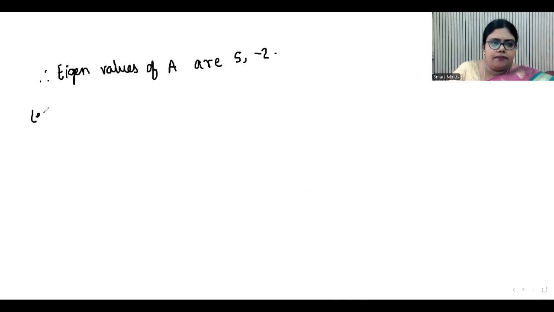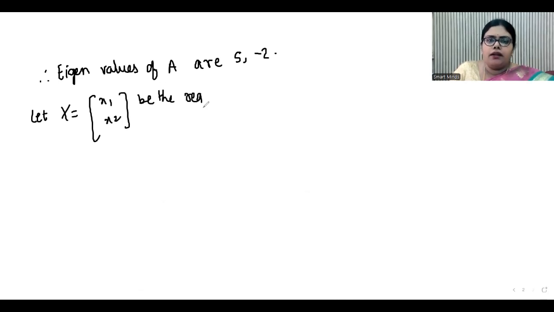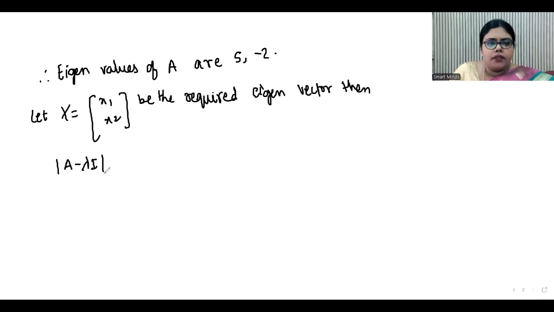So let's say x is equal to [x1, x2] be the required eigenvector. Then determinant of A minus lambda I, sorry, not determinant, it is matrix (A minus lambda I) into x is 0.